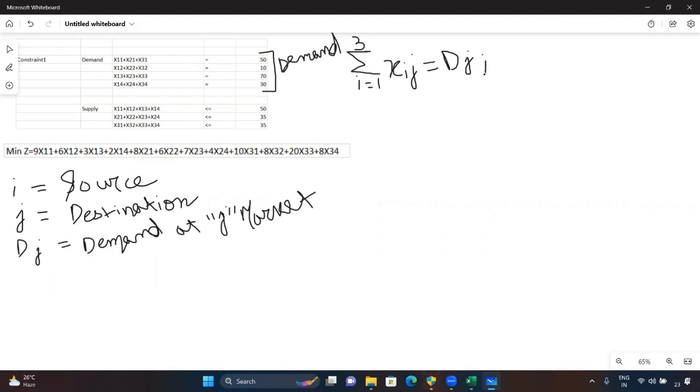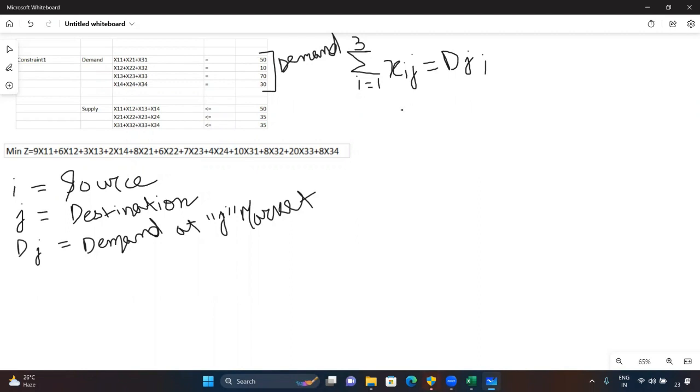This formula is applicable for all these cells, not only for x11 plus x21 plus x31, but also for x12 plus x22 plus x32. That means this formula is applicable for all the jth markets, for all the destinations.